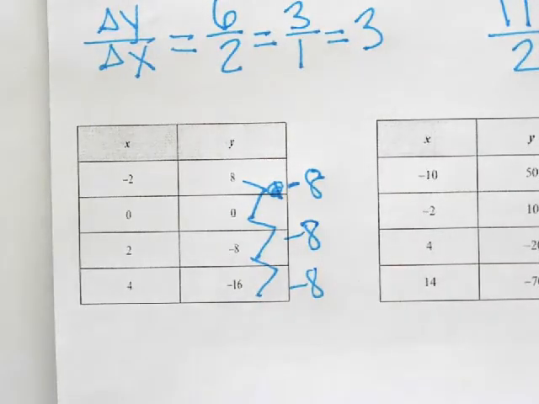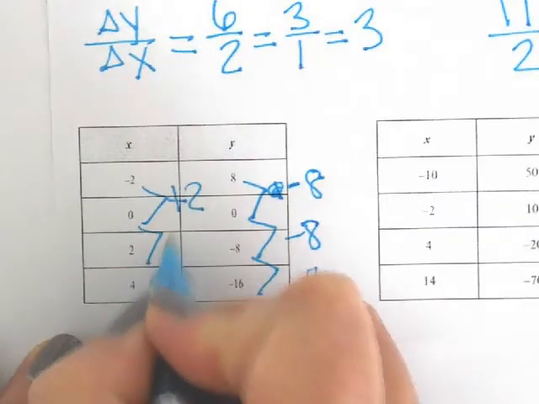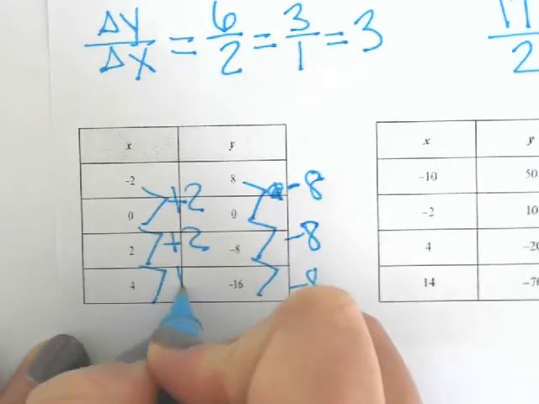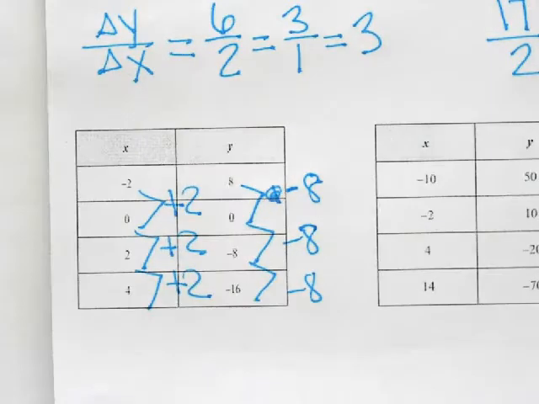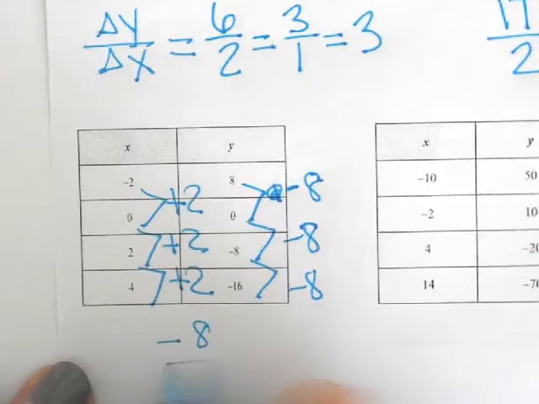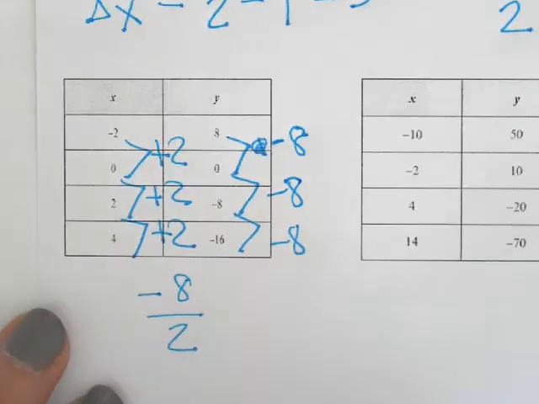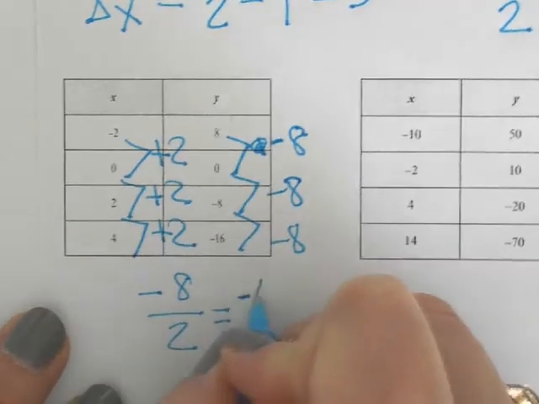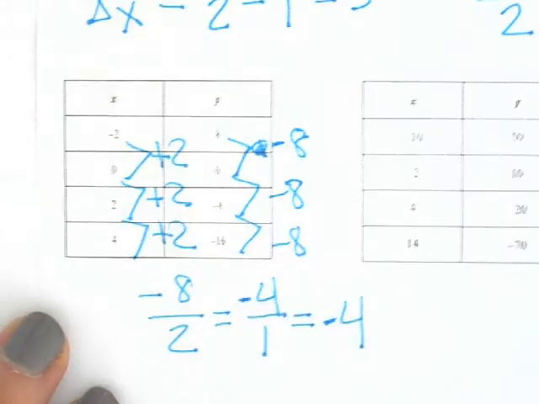Plus 2. Plus 2. So I'm going to write plus 2, and it doesn't matter which side you write it on. So then my slope, change in y over change in x, is negative 8 over 2, which can be simplified to negative 4 over 1, which can also be stated as just negative 4.